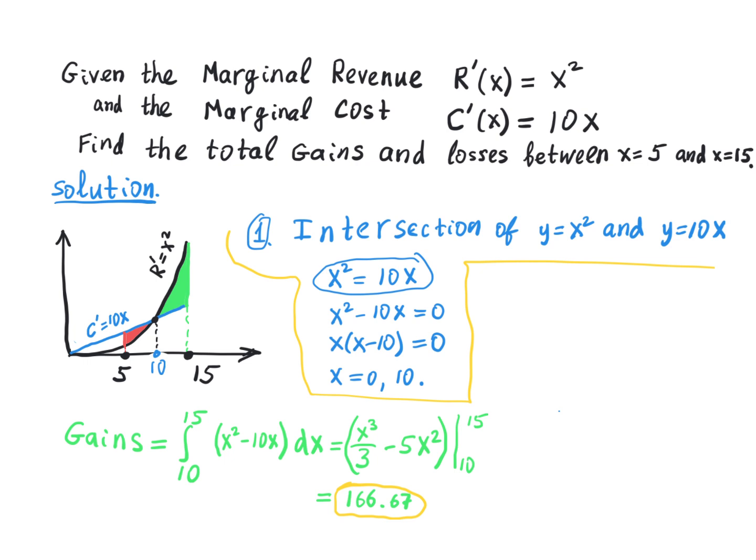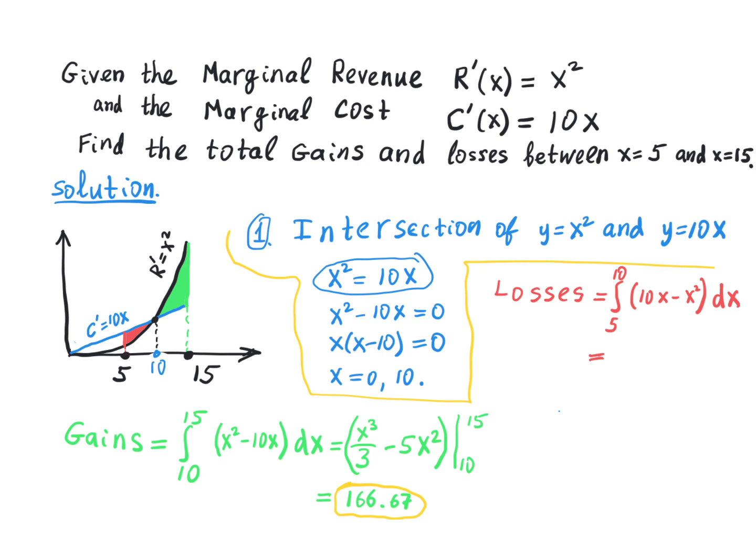The antiderivative of x squared is 1/3 x cubed. Now the antiderivative of x is 1/2 x squared, and times 10 we'll have 5x squared. And now we need to plug in x equals 10 and x equals 15 into this antiderivative. So the difference of these values will be 166.67.